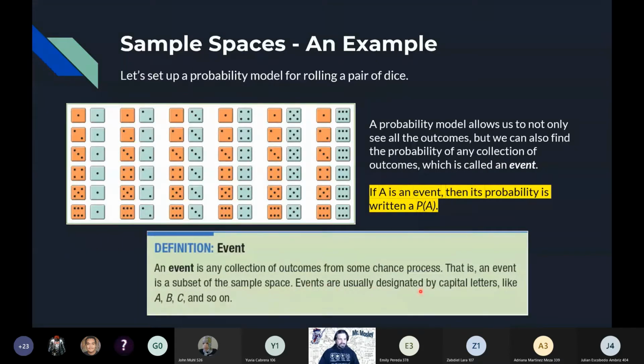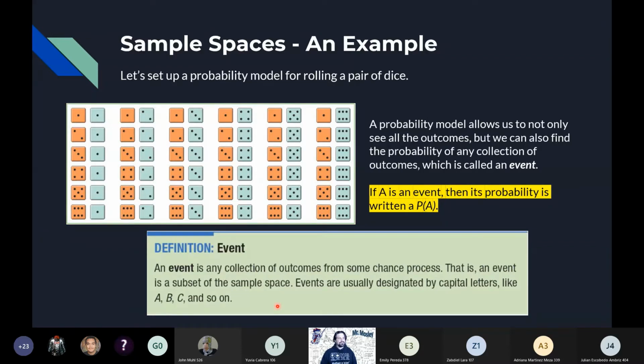Events are usually designated by capital letters like A, B, C, and so on. So an event has to be something that could occur within our sample space, or at least has to do with the things we're talking about. It is possible to have an event that has a probability 0 within your sample space. It's also possible to have an event that has a probability of 1 within your sample space.